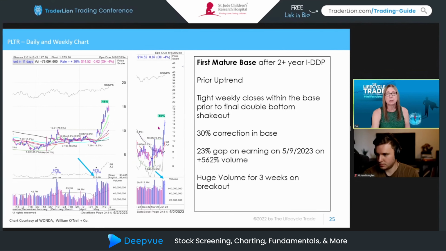And if you look at the weekly, this is the weekly chart, you can see the number of weeks. Of course, here, it's extended now. And I'm not sure if you could see this on the weekly. If you look very closely here, there's a line where there are some pretty tight closes in there weekly. So that always catches my attention before this kind of final shakeout, before the breakout.